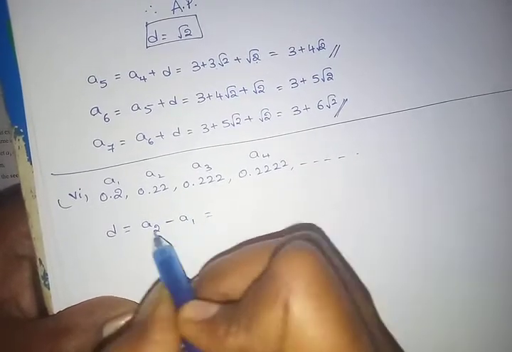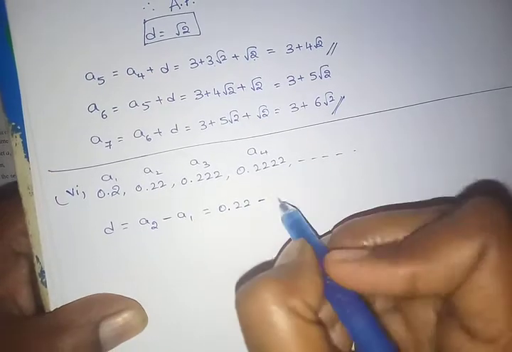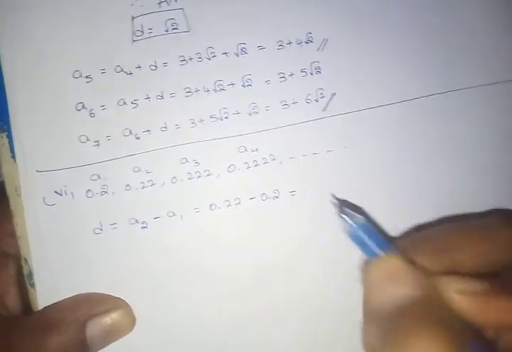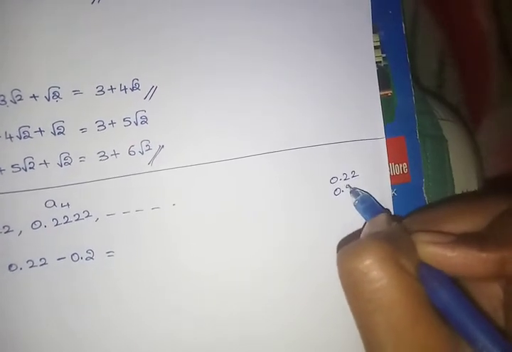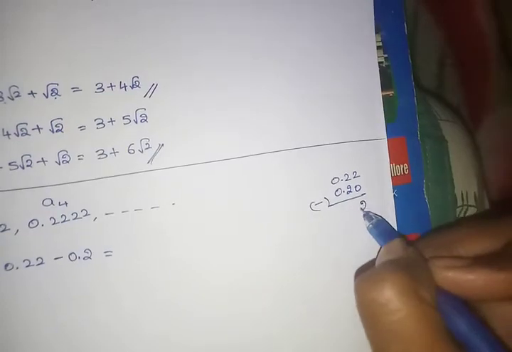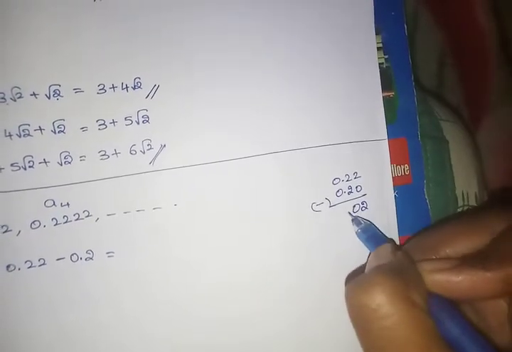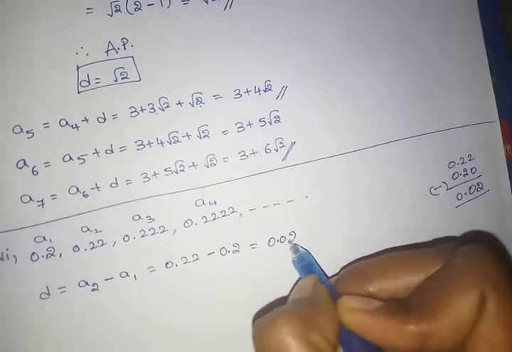A2 minus A1. What is A2? 0.22 minus A1, 0.2. How much you will get? See here, 0.22, 0.2. Nothing here means 0. Subtract it. 2 minus 0, 2. 2 minus 2, 0. 0.02 we are getting.